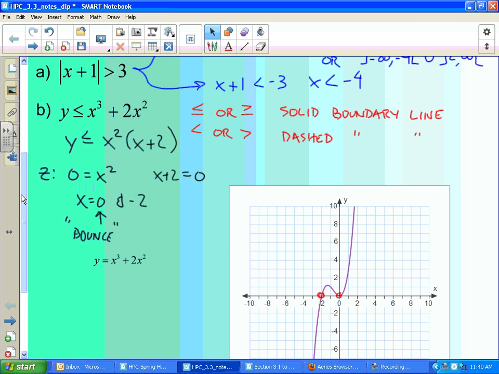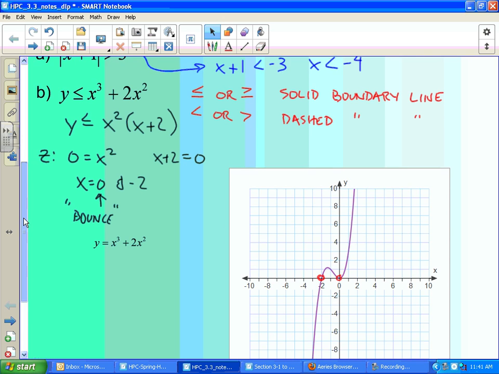So where am I going to shade this thing? There are two ways to tell how I'm going to shade. Probably the best way is you can just pick a point to test it. And then once we get comfortable with this stuff, then we'll see, like if it's set up in a standard form like this one is, y by itself, then I can think about if it's pointing left as a less than, I'm going to go below the graph. And if it's greater than, I'm going to go above it. But let's say we don't remember that, or we just want to make sure.